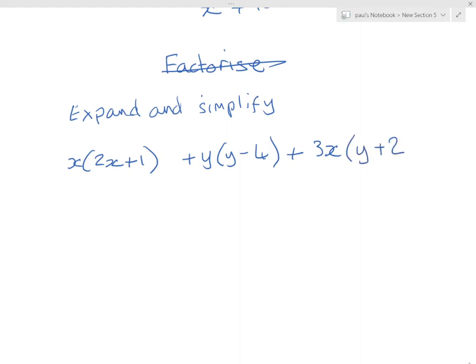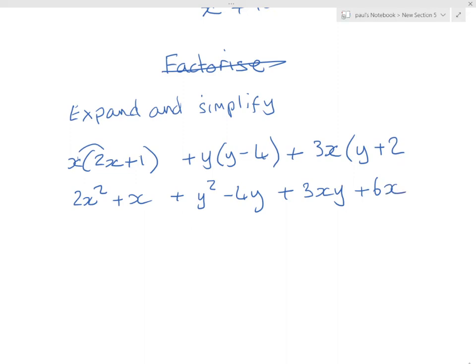So we've got three distinct parts, so we can do one part at a time. So x times 2x is 2x squared. x times 1 is just x. Then we do this one, so it's a plus. y times y is y squared, and y times minus 4 is minus 4y, and 3x times y is 3xy, 3x times 2 is 6x.